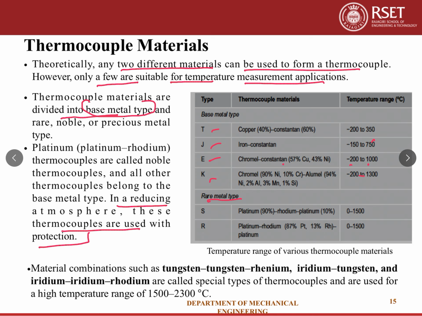Another one is a material combination like tungsten, rhenium, iridium, tungsten and iridium. These are called special types of thermocouples and are used for a high temperature range of 1500 to 2300 degrees Celsius, so they can be used for high temperature measurement.